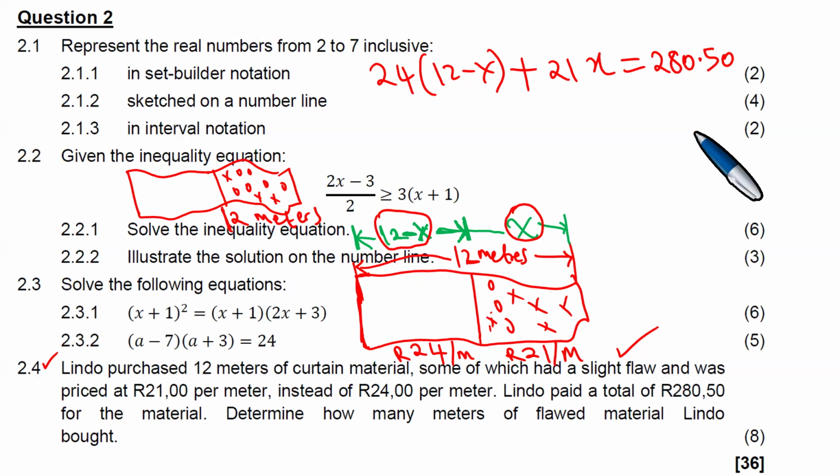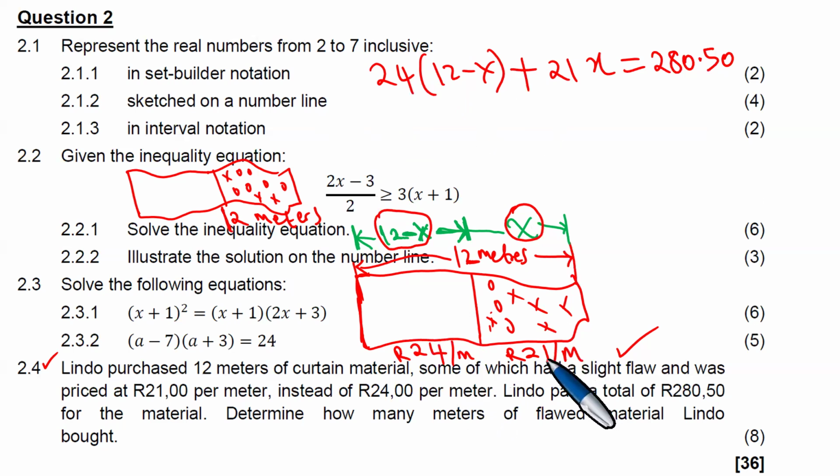So we take the 24 rand for the good part of the curtain and multiply 24 by 12 minus x.